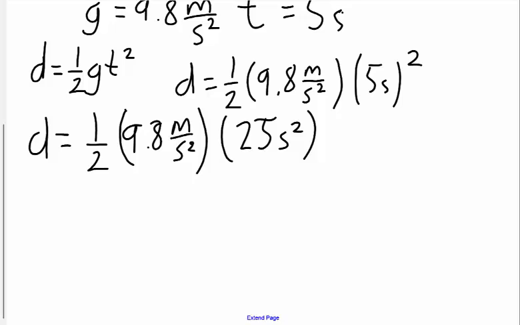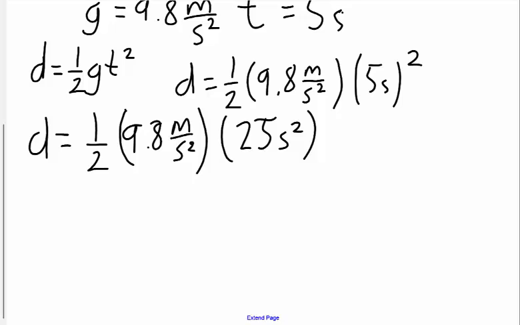Now we multiply. So it says 1/2 times 9.8 meters per second squared times 25 seconds squared.